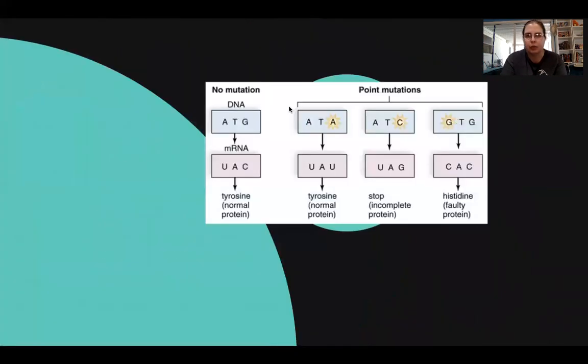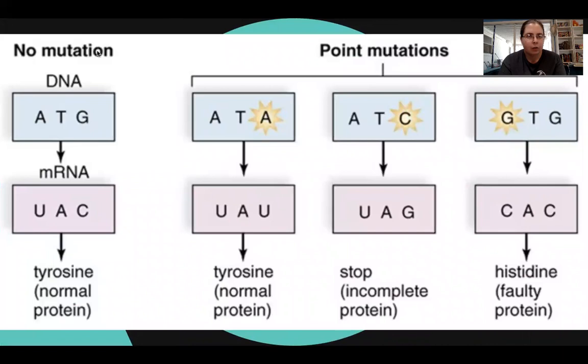Let's look a little bit more into this. So here's the original DNA, ATG, which leads to the mRNA, UAC, which leads to tyrosine. That's the amino acid that would normally be placed into the protein to have a functional normal protein. Now, if there's a mutation, depending on where it's located, it may or may not affect the protein.